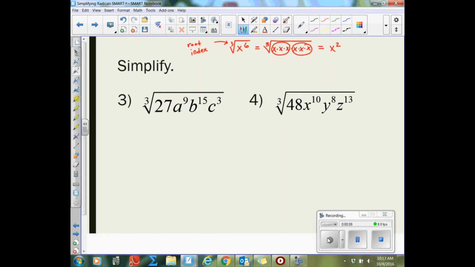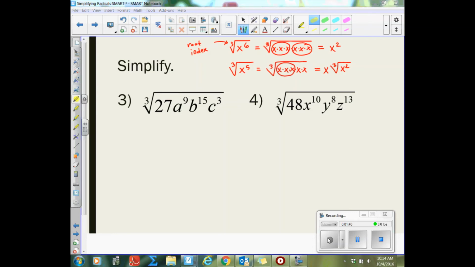If we took cube root of x to the 5th, we have 5 factors of x, only 1 complete matching set of 3 factors, with 2 factors left over.